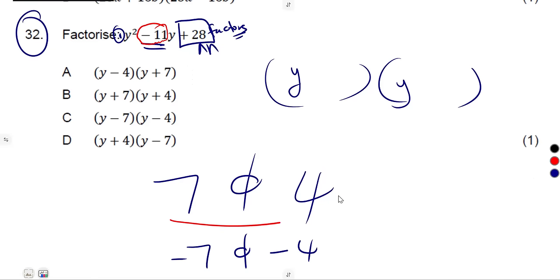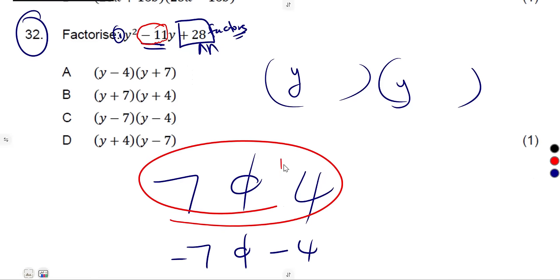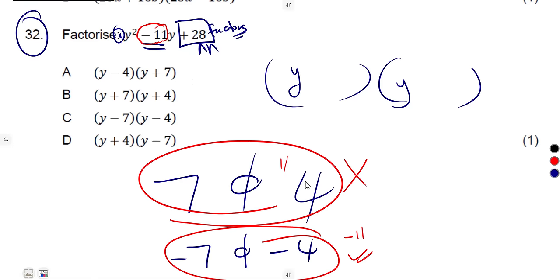If we add these two, we get positive 11, not negative, so it's totally out. This one, if we add, we get negative 11. This is what we want: minus 7 minus 4. That's on C. So the best answer was going to be C.